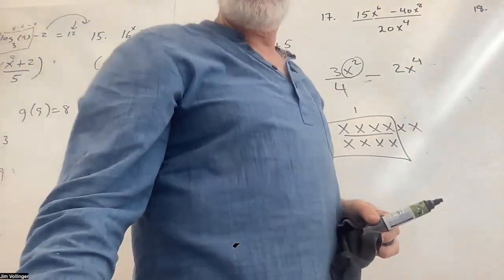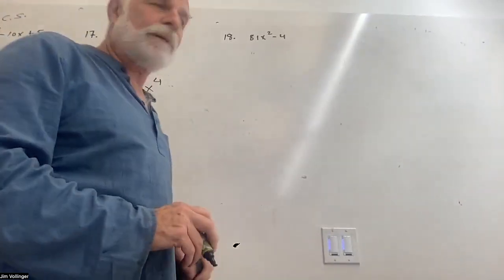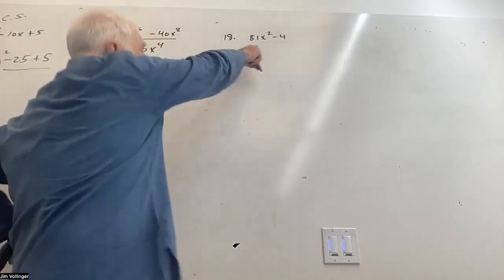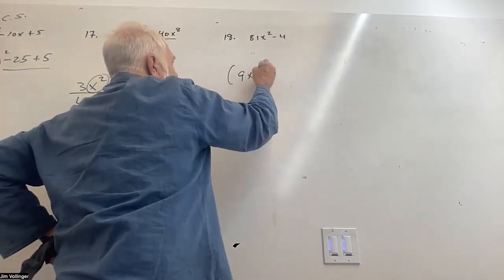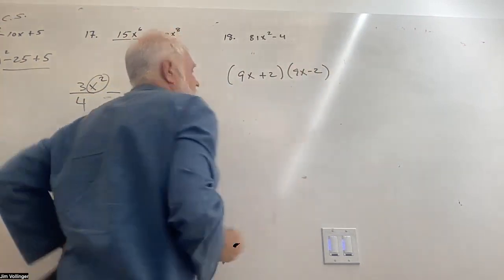So we're basically doing some fundamental work here. And the problems are going to get progressively harder as we move along, and we'll see how many of those you can do. So difference of 2 squares, 9x plus 2, 9x minus 2. We've looked at that enough.